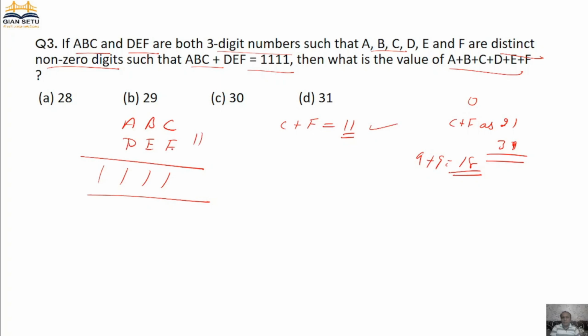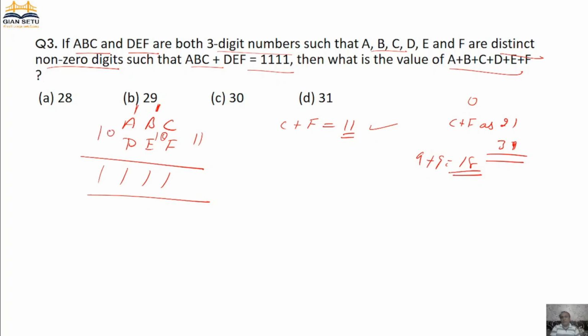Now when C plus F is 11, we get a carry over here. Again we get B plus E plus 1 as 11. So that means B plus E is 10. Similarly, again we get carry here, and again we get A plus D plus this carry as 11.